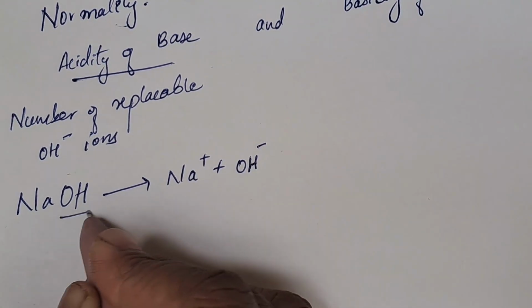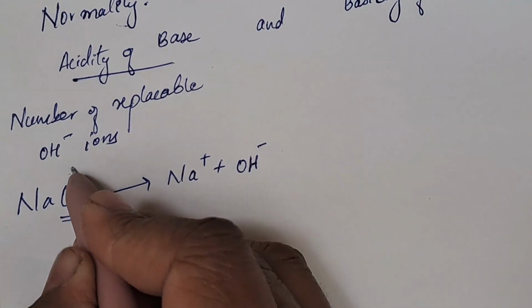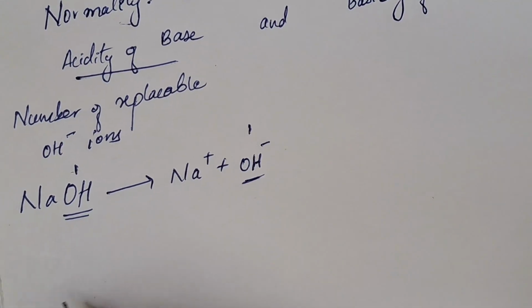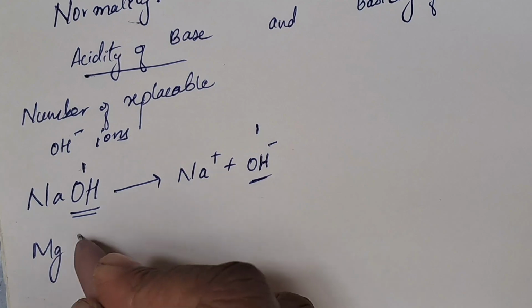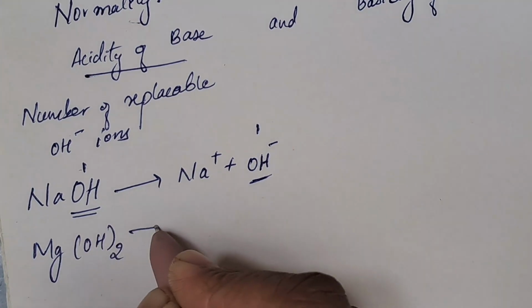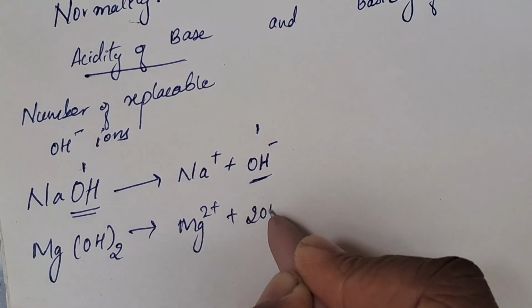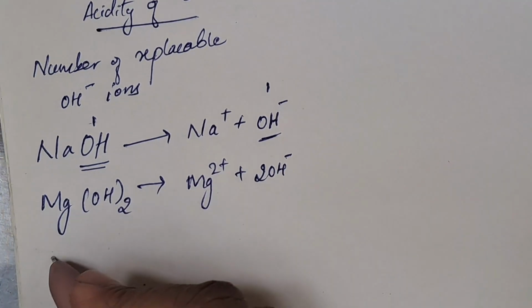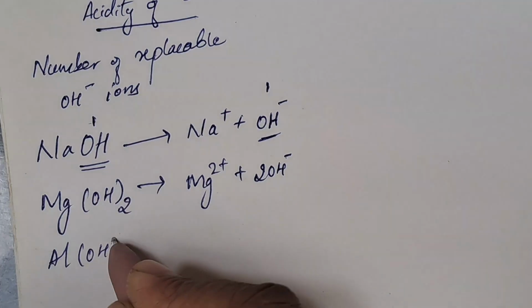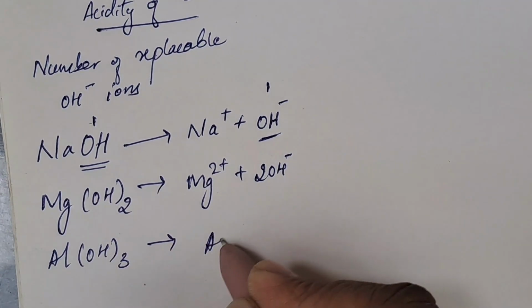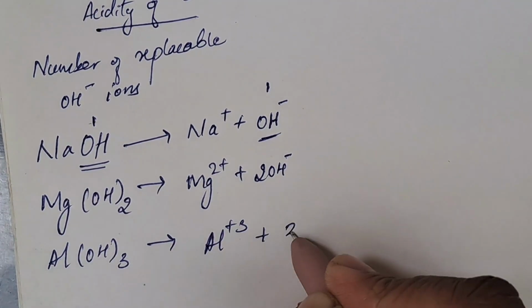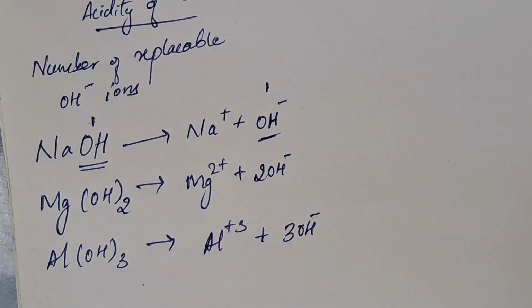So as you can see, NaOH has one OH and it is giving one OH. Whereas magnesium hydroxide dissociates to form Mg2+ ion and 2 hydroxyl ions. Similarly, aluminium hydroxide dissociates to form Al3+ and 3 OH- ions.